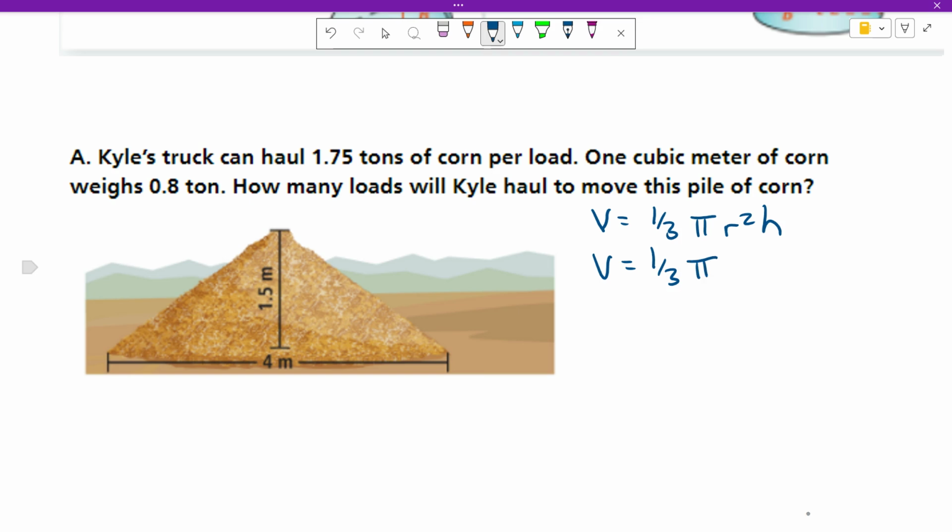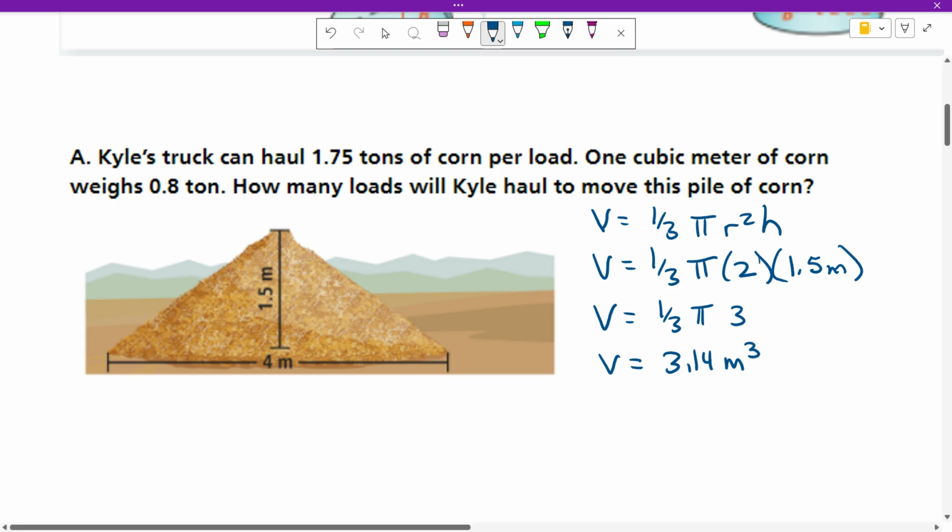1/3 pi, what's the radius? 2 meters. And the height? 1.5 meters. Okay? Oops, I did that wrong.